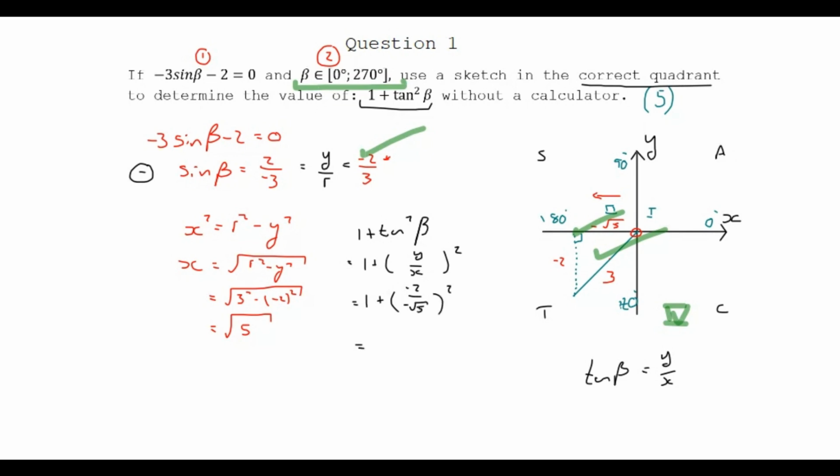Solving that, if you recall your laws of exponents, the 2 multiplies in with the exponents of both, meaning you have negative 2 squared, so we have 1 plus negative 2 squared is 4, over negative root 5 squared is just 5, and that becomes, what's 1 plus 4 over 5? Becomes 5 over 5 plus 4 over 5, which in turn gives you 9 over 5. And that is your next 2 marks, 1 for substitution, 1 for solving. Total of 5 marks.